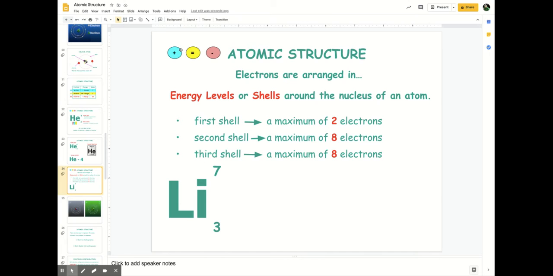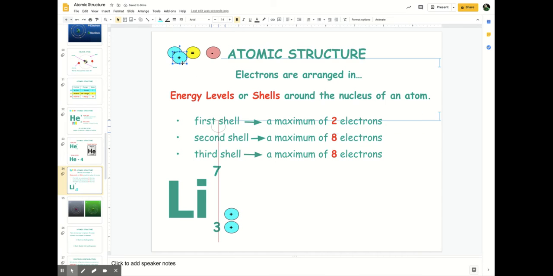Let's see if we can do it. We're going to talk about electrons. So first of all, how many protons does this have? And the answer is 3, because we look down here at the atomic number which says 3, and we know that that atomic number means that it has 3 protons.